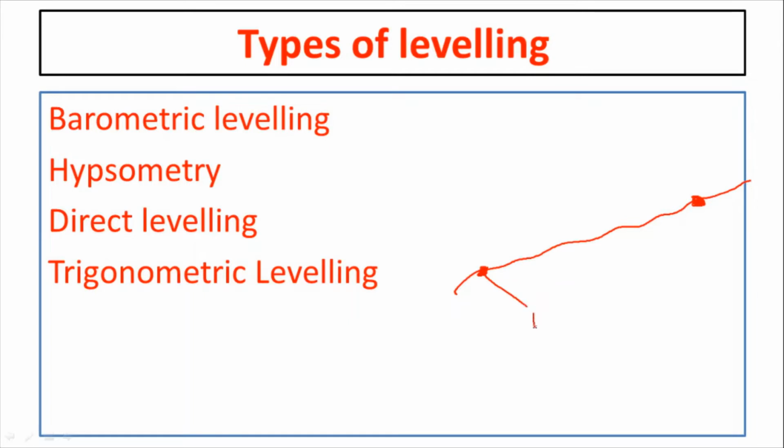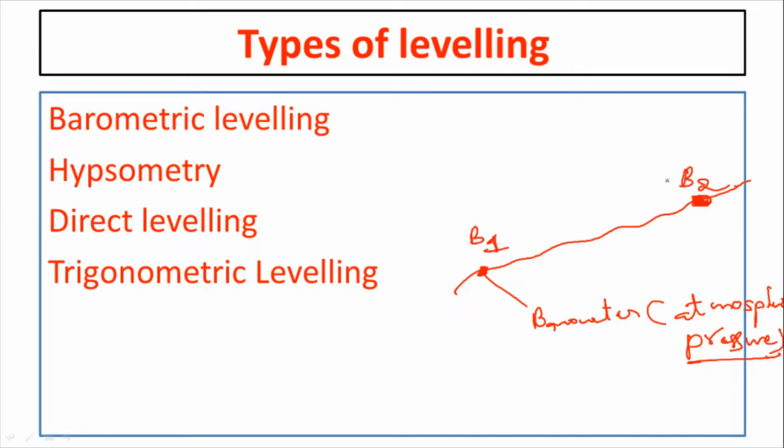First keep your barometer here. Once you keep the barometer, it will measure the atmospheric pressure at this point. Now keep the barometer here also. Here you got the reading B1 and here you got the reading B2. That means you got the atmospheric pressure at both points.